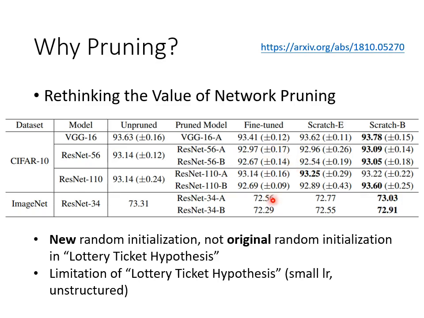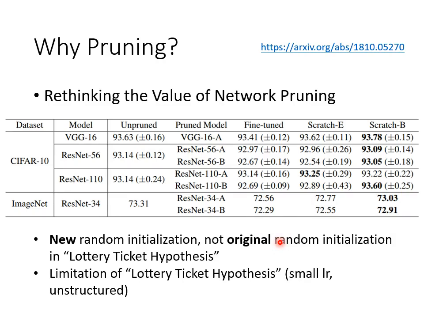After pruning, it tries the first experiment, called Scratch-E. Scratch-E means its parameters are initialized randomly. Notice that its random initialization is not the same as the random initialization in the lottery hypothesis. Its random initialization is really random initialization. The random initialization in the lottery hypothesis is to borrow the random parameters from the original set of random parameters.